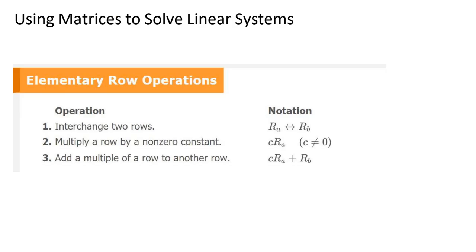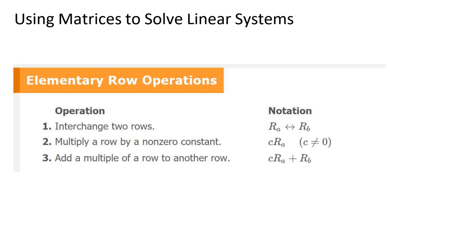All right. So now let's get into solving matrices using linear systems. These are some of the syntax that we will use in order to solve. One of the things that you can do is interchange rows. The syntax for that is, for instance, let's say I want to switch one row with another.